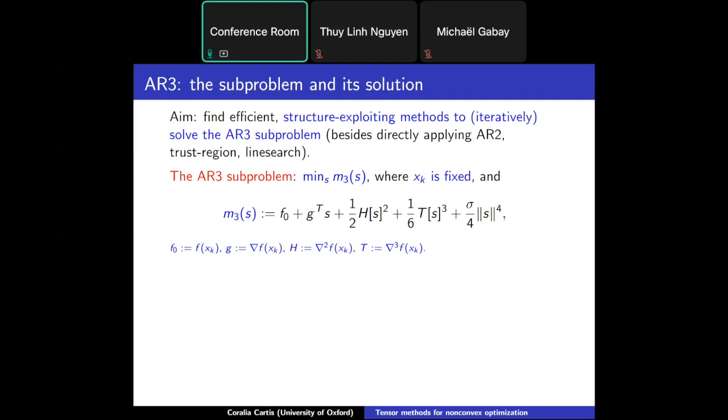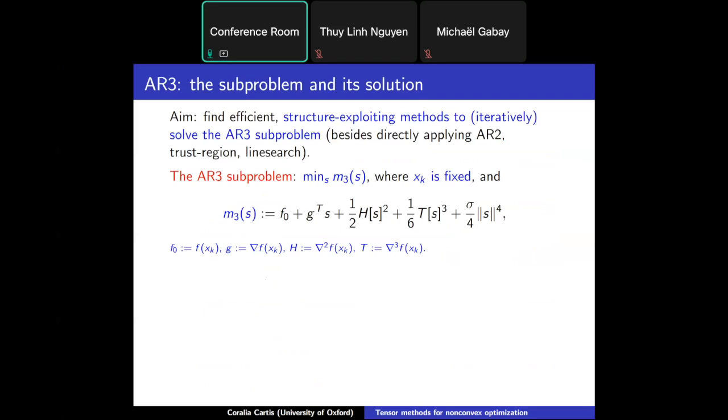I can assume that f at xk is given, the gradient is given, so it's fixed for all purposes here. The Hessian is fixed, and I have this third order tensor, and sigma is fixed. So this is my problem data at the iteration, and I have to minimize this polynomial. This is a symmetric matrix, this is a symmetric tensor, and this is the two norm.